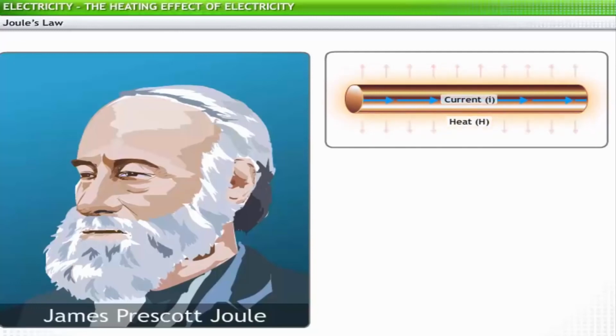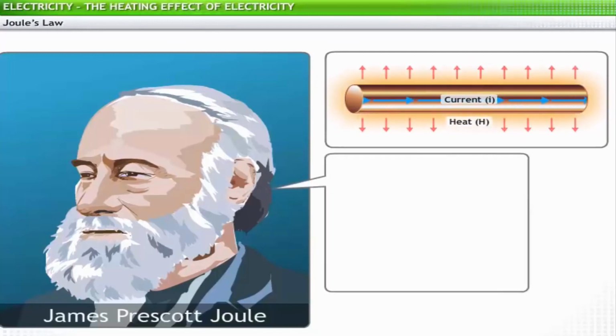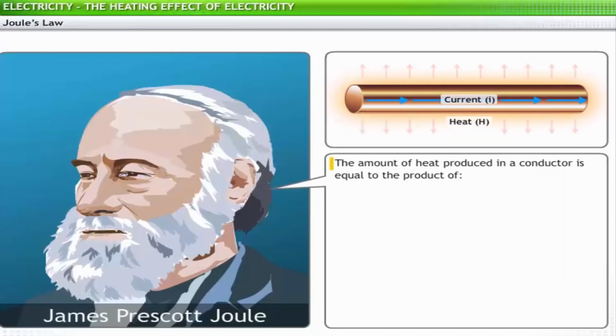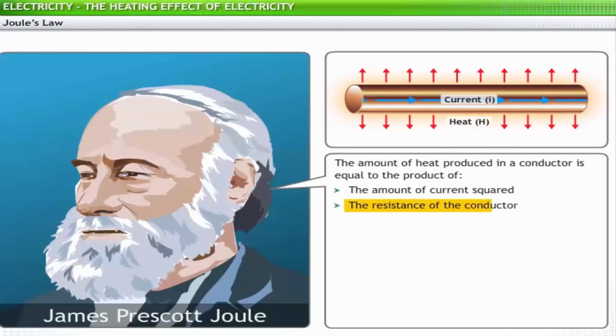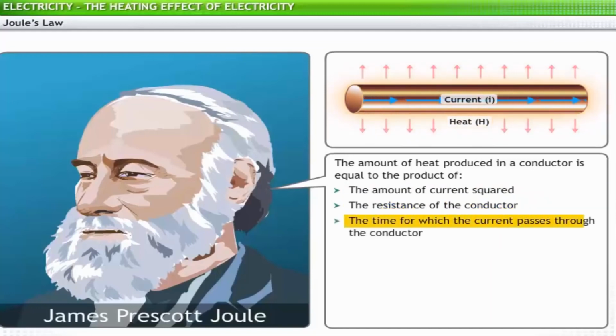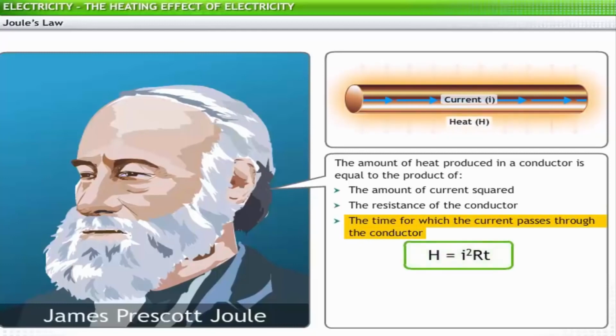This relationship is popularly known as Joule's law or Joule effect. Joule's law states that the amount of heat produced in a conductor is equal to the product of the amount of current squared, the resistance of the conductor, and the time for which the current passes through the conductor.